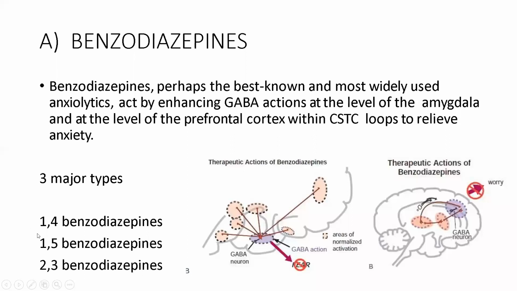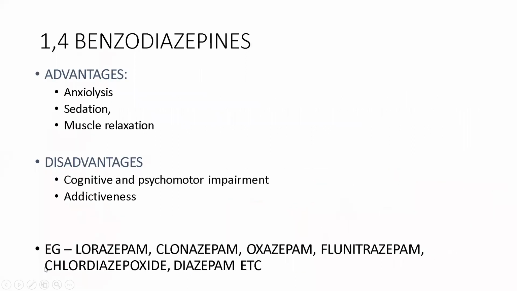There are three major types: 1,4 benzodiazepines, 1,5, and 2,3 benzodiazepines. The 1,4 benzodiazepines are very widely used for anxiolysis. They cause sedation and muscle relaxation. But the problem with this class of benzodiazepines is that they may cause cognitive and psychomotor impairment.